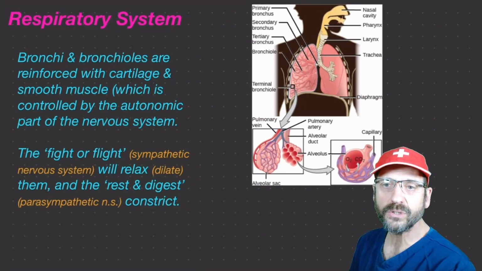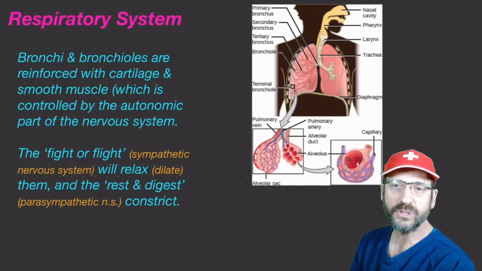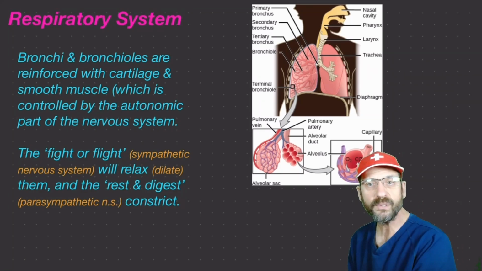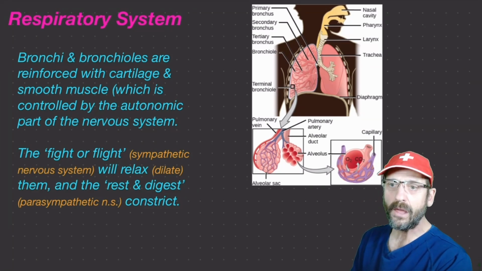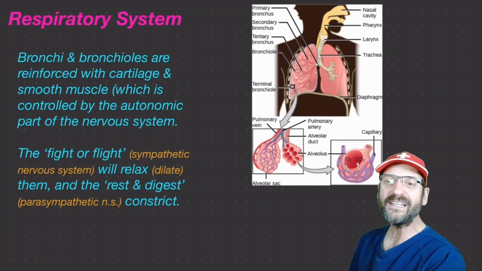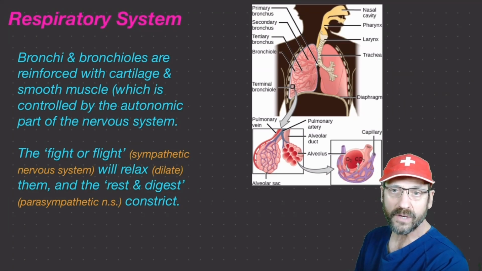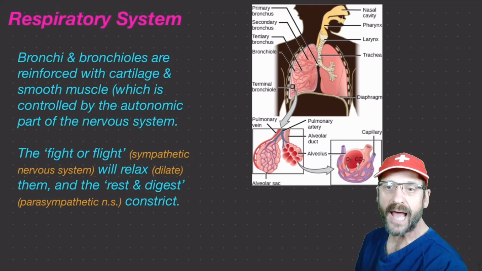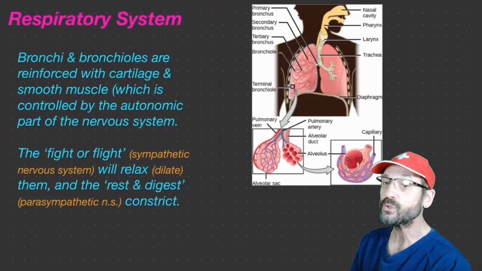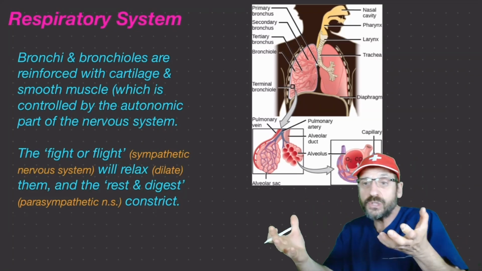Bronchi and bronchioles are reinforced with cartilage and smooth muscle, which is controlled by the autonomic part of the nervous system. The fight or flight part will relax them, those bronchioles and bronchi, and the rest and digest part of that nervous system will constrict. So we got these two extreme parts.